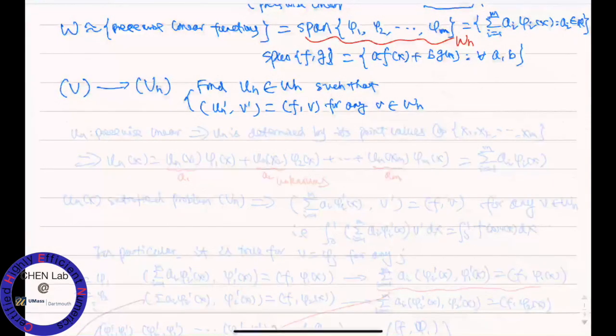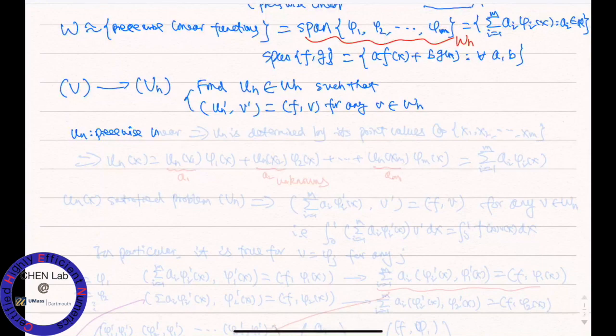Alright. The idea now is simple. If you tell me U_H is in the space W_H, so basically U_H is piecewise linear. We either use that span space definition, or we go like the following, where we don't use the span definition.